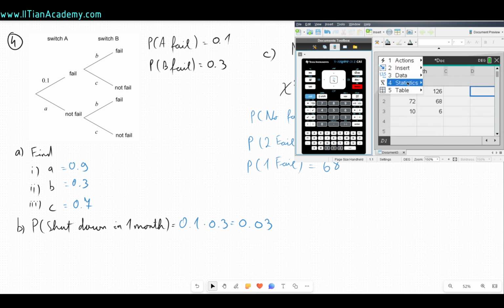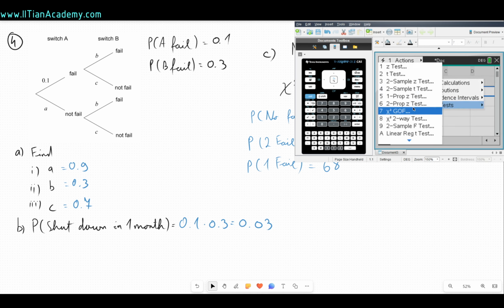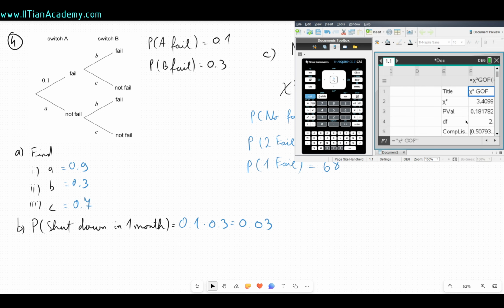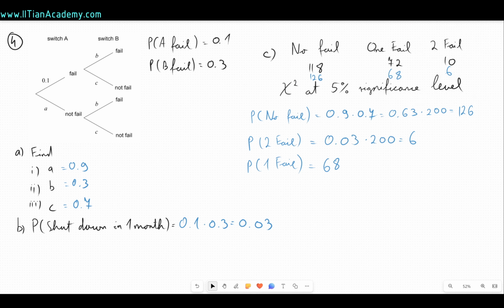So we can go to menu, statistics, stat tests, chi-squared goodness of fit. This is observed, expected list. Our degrees of freedom is 2. It's 1 less than our number of trials, so 1 less than 3. And so we can see here that our p-value is this value from the calculator. So we can write p is equal to 0.182.